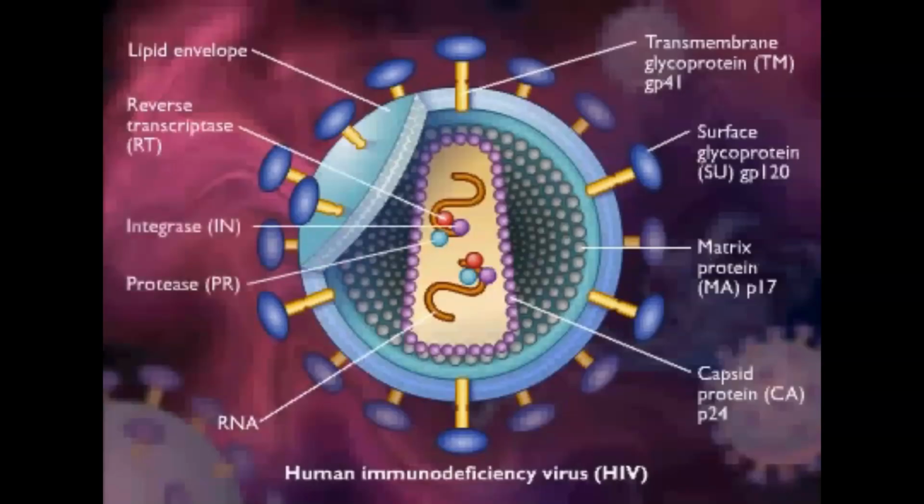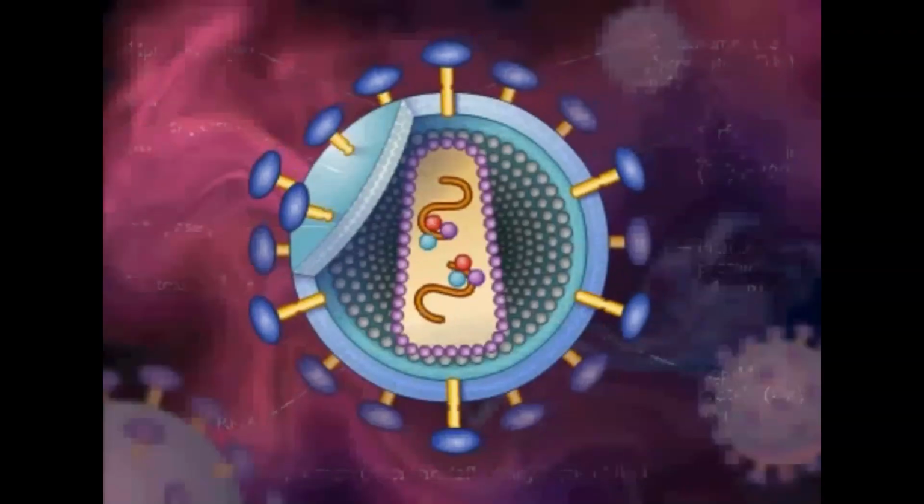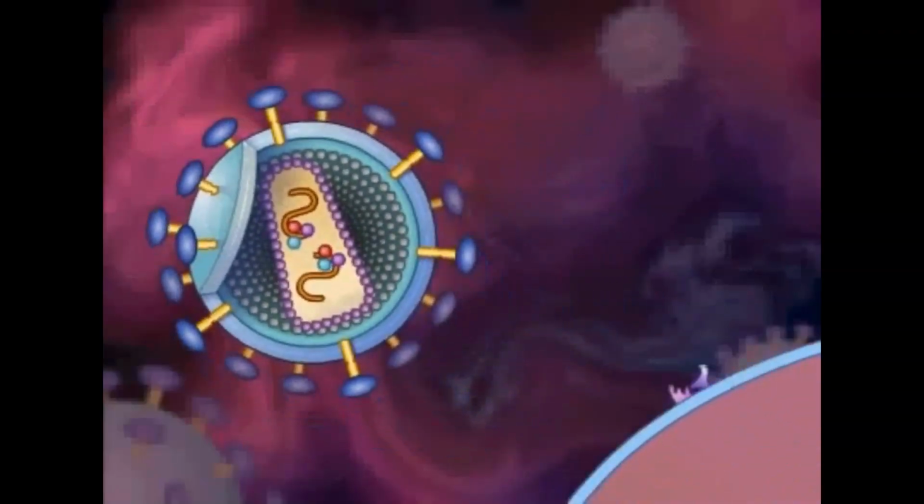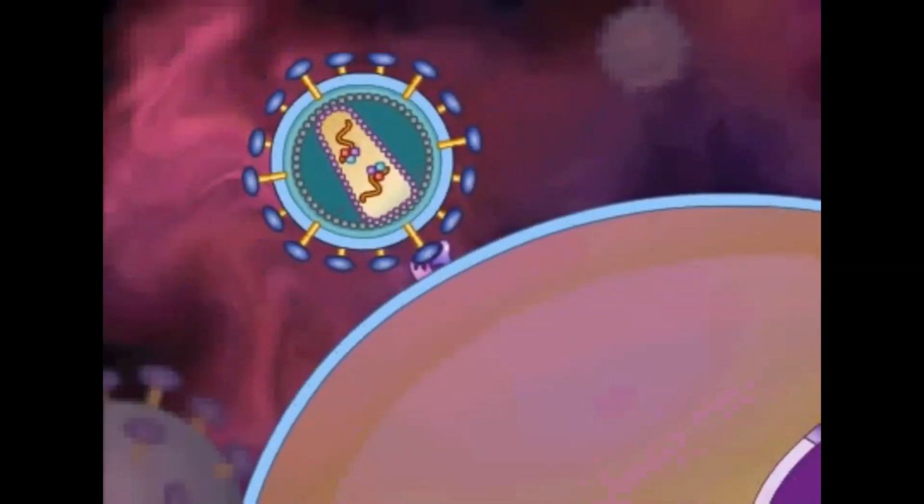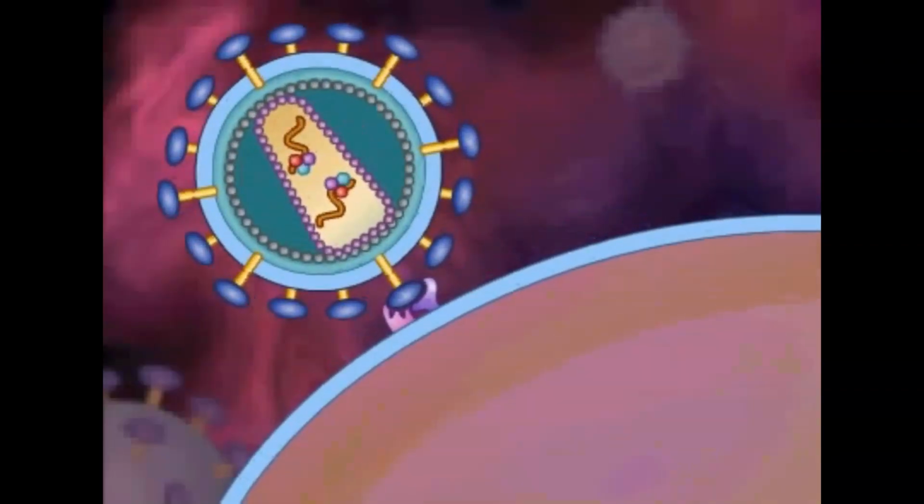and integrase, IN. To establish infection, HIV must first attach to its host cell. Attachment occurs by interaction between GP120 on the surface of the virus and the CD4 antigen receptor on the surface of the host cell. In addition to the CD4 receptor, there must also be a co-receptor on the host cell.